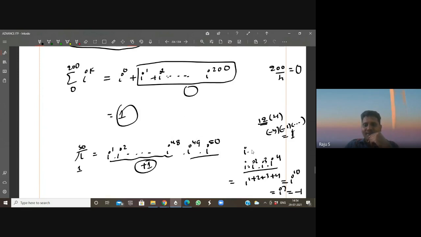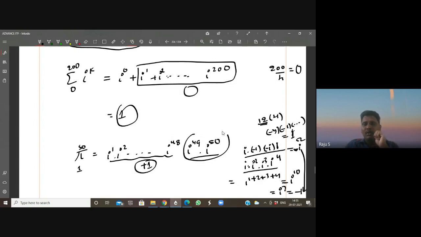Because i squared is minus 1, i cubed is minus i, i power 4 is plus 1. When I multiply, we get minus into minus, plus i squared, which again becomes minus 1. So minus 1 twelve times, it will be plus 1.